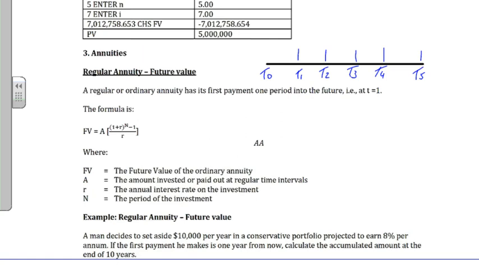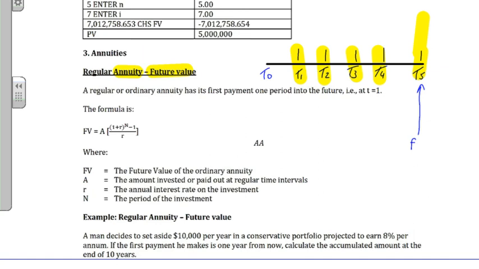The question is going to ask you, you've made 5 consecutive payments, what's the value? What am I talking about? The future value of an annuity. In other words, I make a payment every period, and at the end, in the future, what is its value?